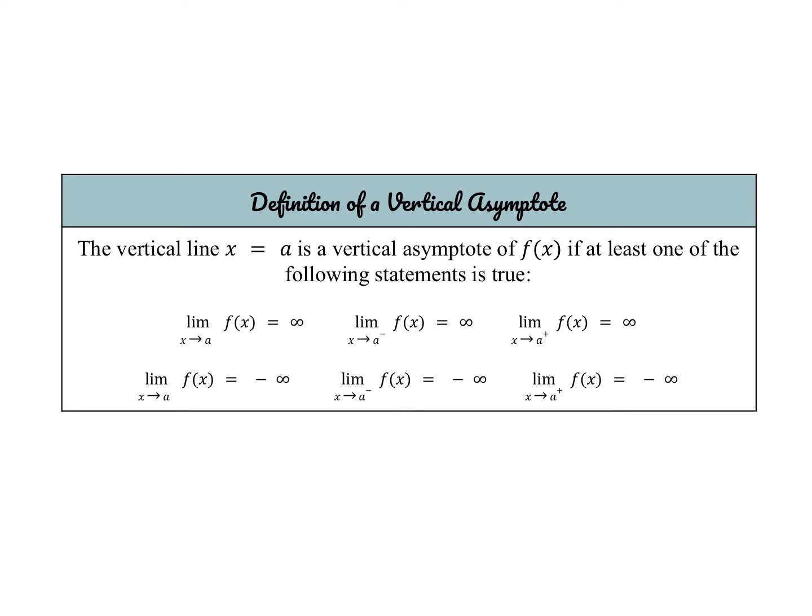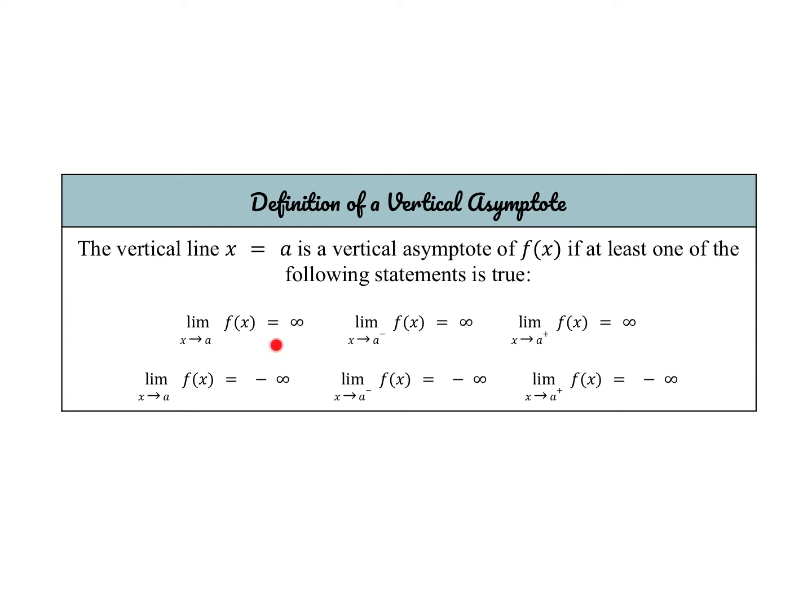And this leads us to the technical definition of a vertical asymptote. The vertical line x equals a is a vertical asymptote of f of x if at least one of the following statements is true. You'll notice here that we have the limit as x approaches a either from the left, right, or from both sides. It can be infinity or negative infinity.